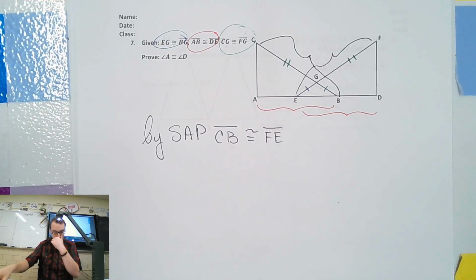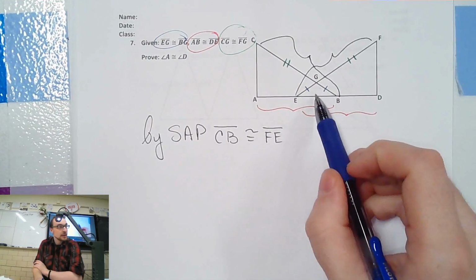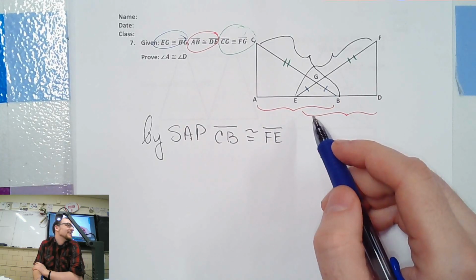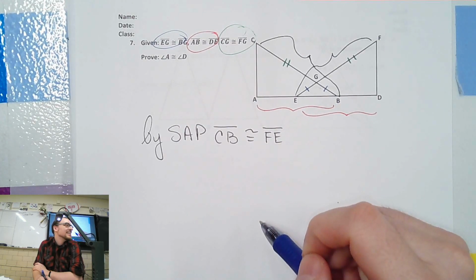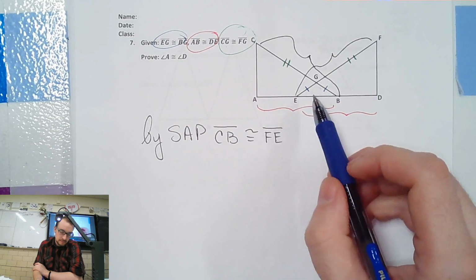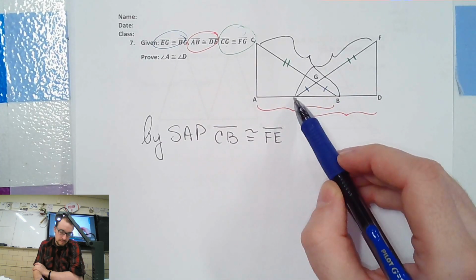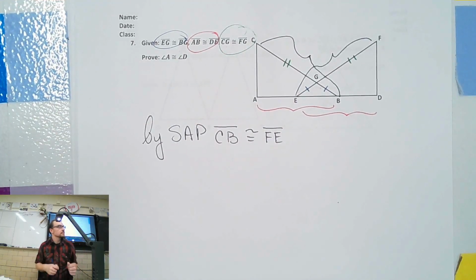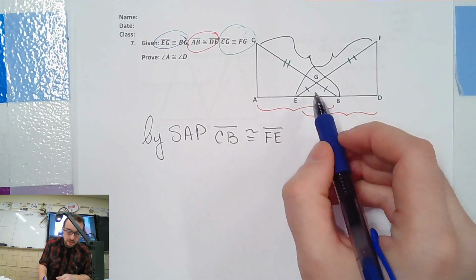Then look at the little triangle. I wrote CGB equals FGE for segment addition postulate. That's fine. So look at this little triangle.